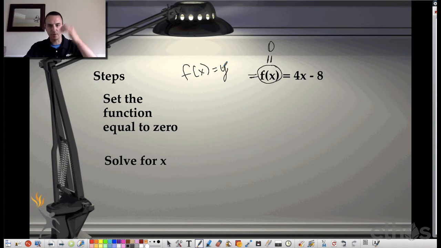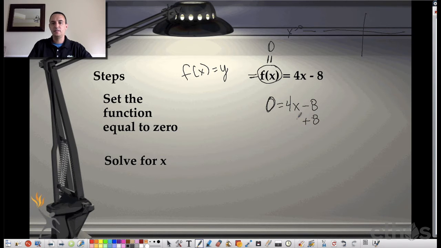They're just another way to write the result of x, which is y. Okay? So if I plug that in, I'm basically asking where y is 0. If you take a look at this coordinate plane, this is where y equals 0. What is x? So to do that, I set that function equal to 0, and then go for 4x minus 8. And now I solve for x.